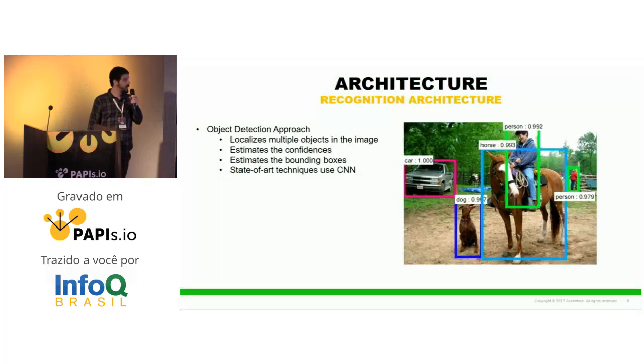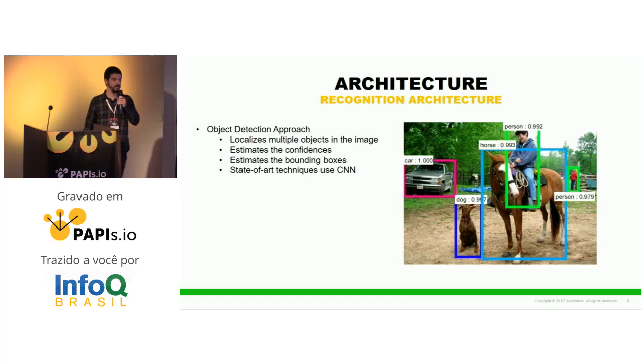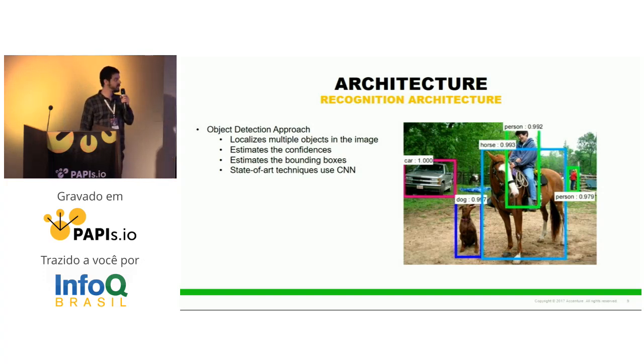And then we use these concepts and the techniques of these areas to solve our problem of document reading. The approach we have taken is using object detection. Object detection is a computer vision task where you try to find and localize some objects in the image, and also you can classify them with a confidence level. The state-of-the-art techniques are using CNN-based models.